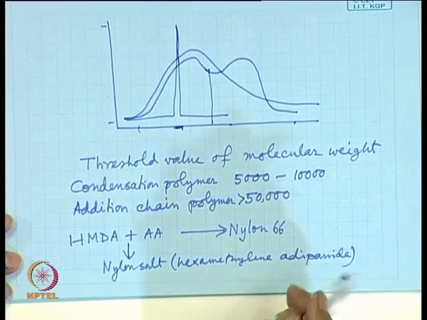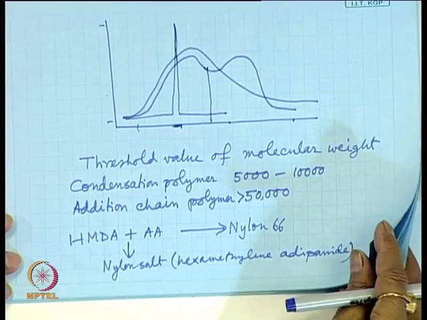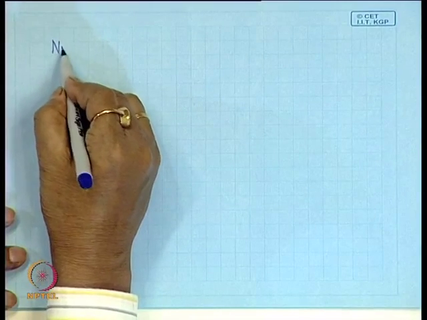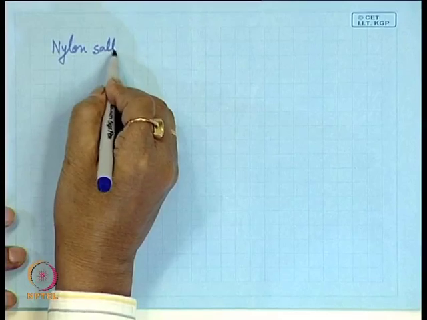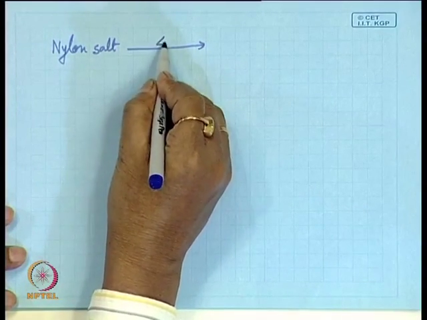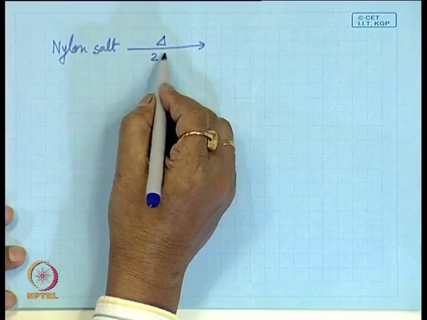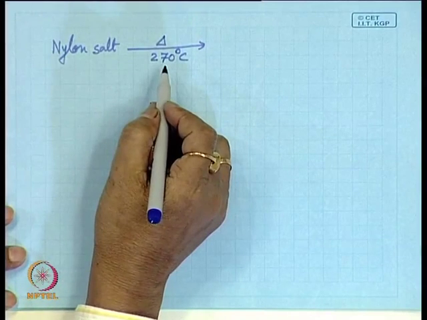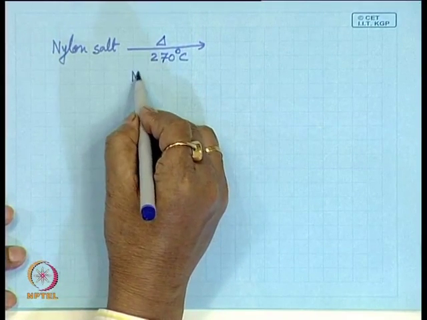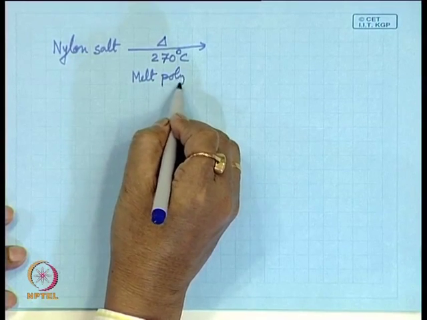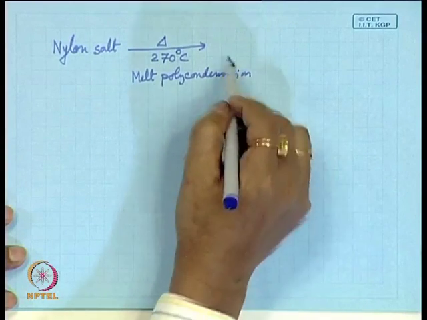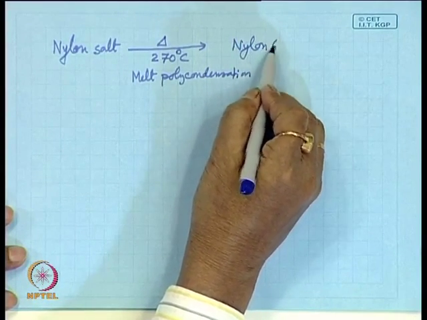Okay. So, this nylon salt, hexamethylene adipamide, when heated, at a temperature of around 270 degrees Celsius, this nylon salt melts, forming nylon 6,6.